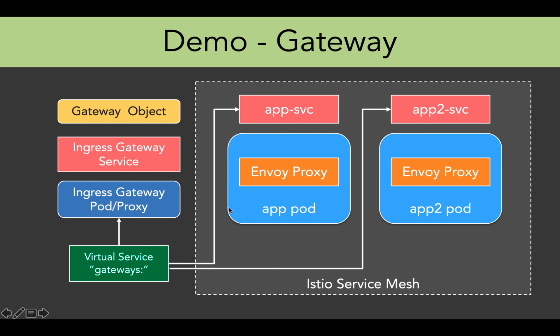Of course, sending traffic to these services would be subjected to the routing rules that we have mentioned in this virtual service. Now, what if we want to have routing rules inside of the service mesh? That remains same. We have to create a separate virtual service, and that virtual service routing rules or configuration would be pushed to all the envoy proxies in all the pods of all the deployments in the service mesh.